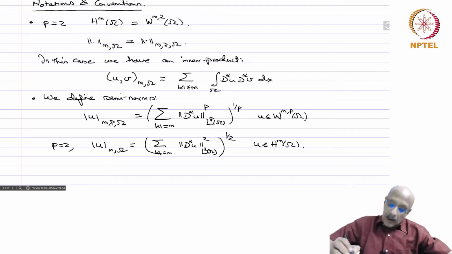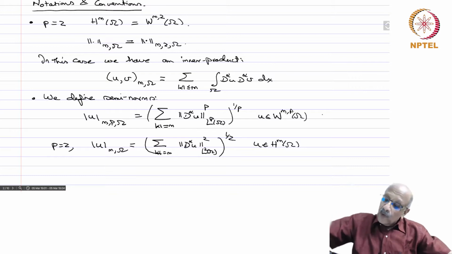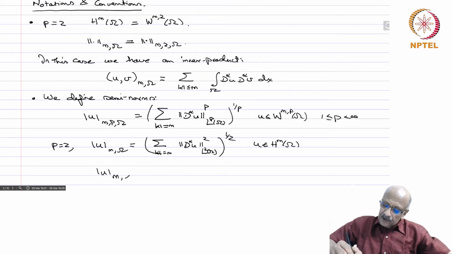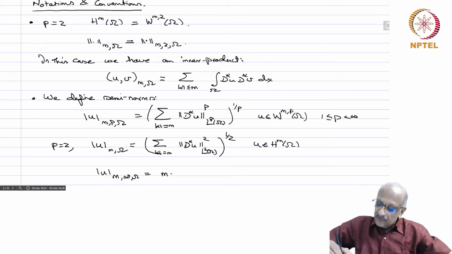Okay, and this is for 1 ≤ p < ∞, and you have |u|_{m,∞,Ω}, which is equal to max over |α| equal to m of ‖D^α u‖_{L^∞(Ω)}.